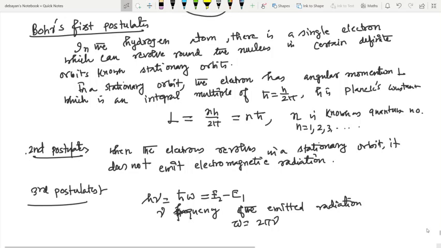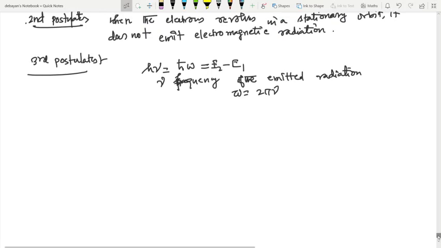Of course, there are some derivations that may come in your examinations, where you have to find the Bohr orbits.